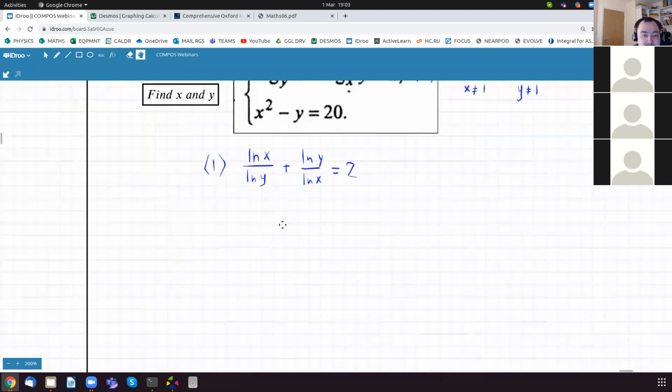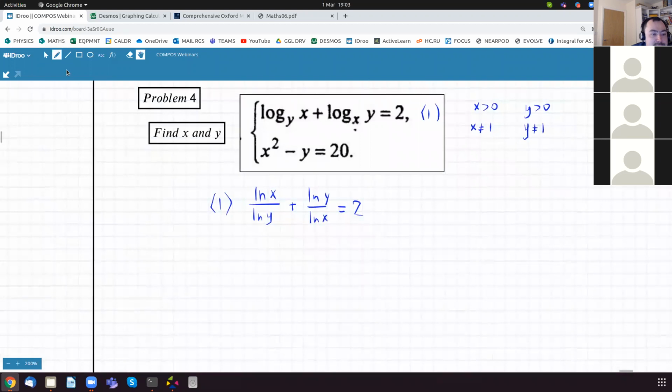Here I'm going to multiply by ln x and ln y. There won't be a problem of losing the denominator, because x is not 1 and y is not 1, so the denominator is not 0. So I can multiply it.